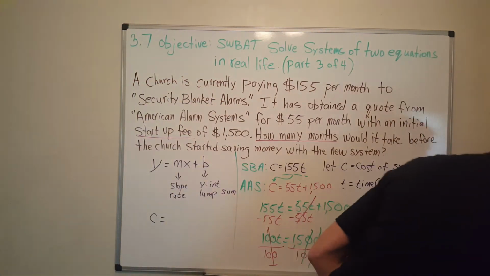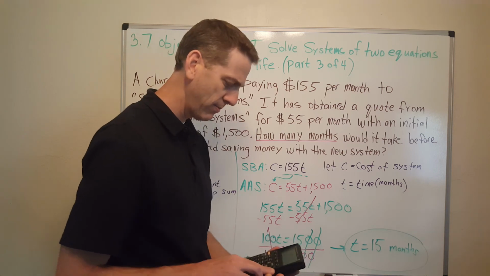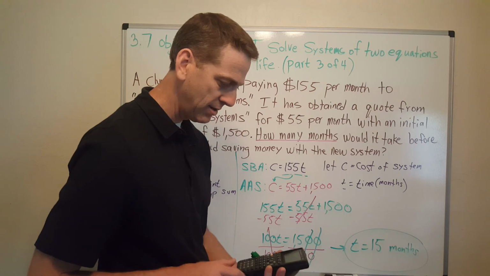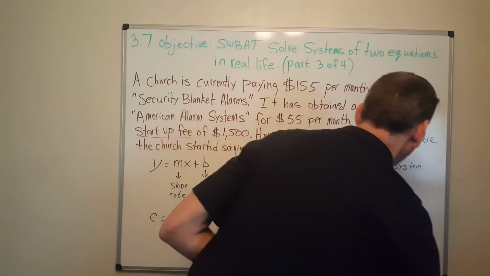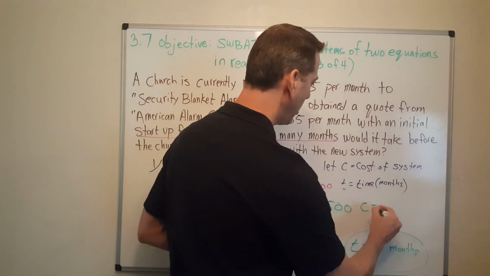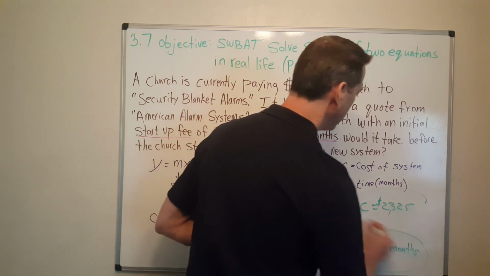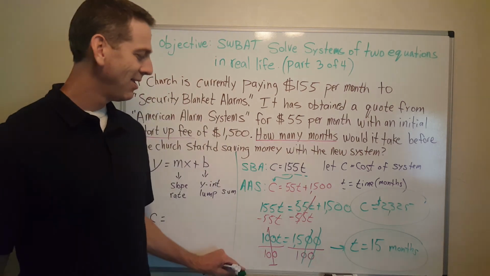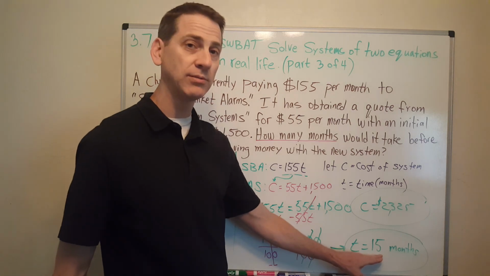What is 155 times 15? This is just a curiosity part of this problem. 155 times 15 is $2,325. So our cost would have been over $2,000 by the time we start saving money. All right, so if we're in it for the long haul, we definitely want to go with the new system.